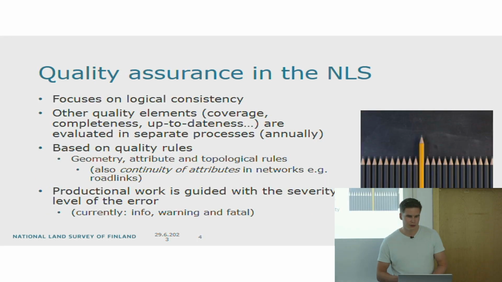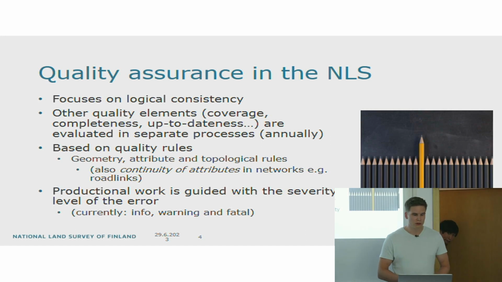So for the quality assurance in NLS, with this tool, it focuses on the logical consistency, but we also cover other quality elements in NLS, such as coverage, completeness, and up-to-dateness, but these are evaluated in separate processes annually.